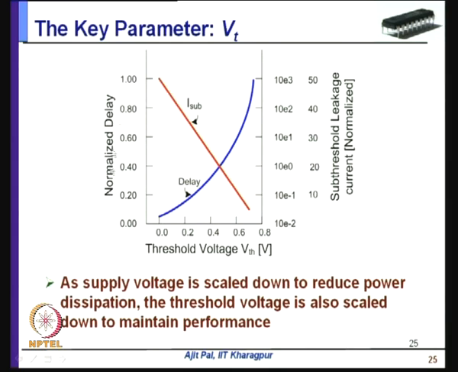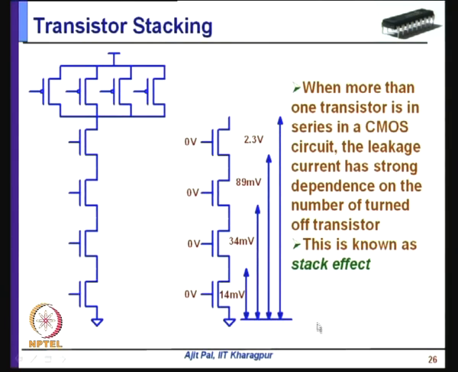We can see that if the threshold voltage is reduced, delay reduces, but the subthreshold leakage increases. So, we have to optimize the design in such a way that the threshold voltage is properly adjusted or controlled, such that we get overall reduction in leakage power.